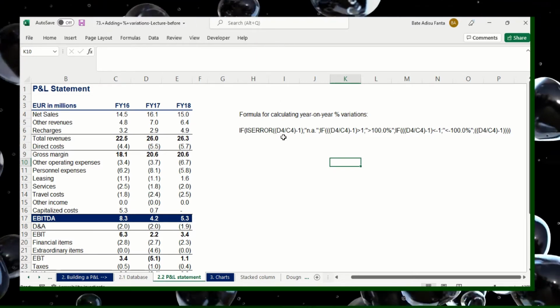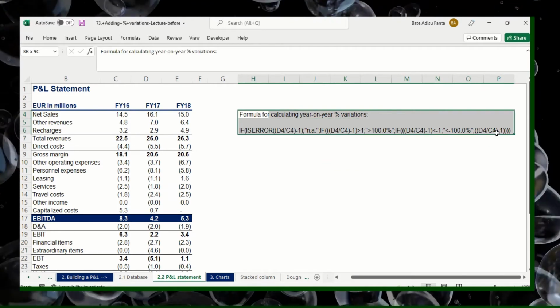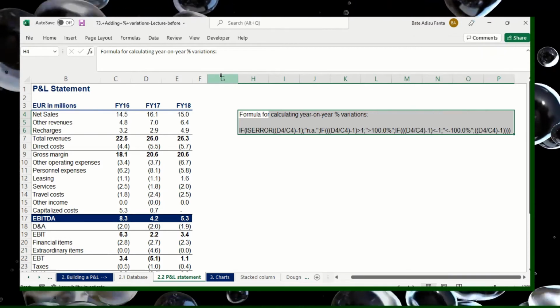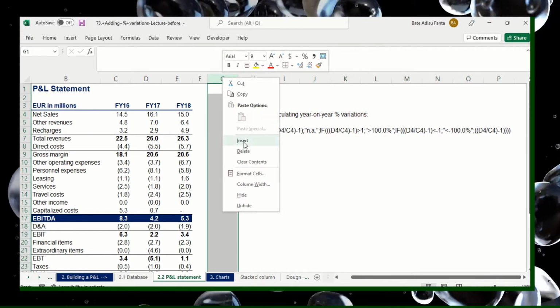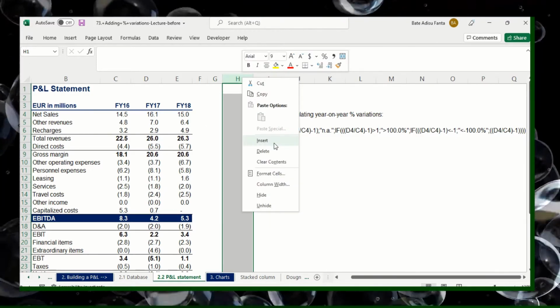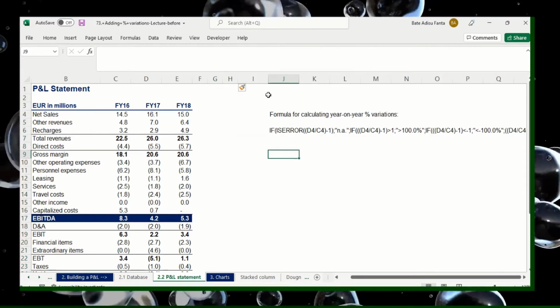All right, now let's have more space here. I just wanted to have more space here.